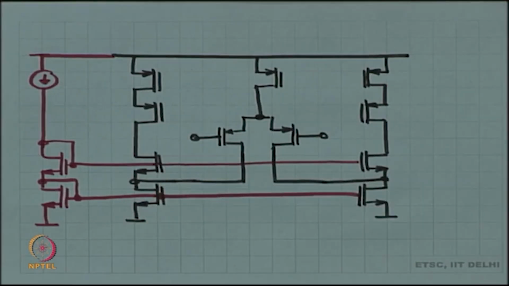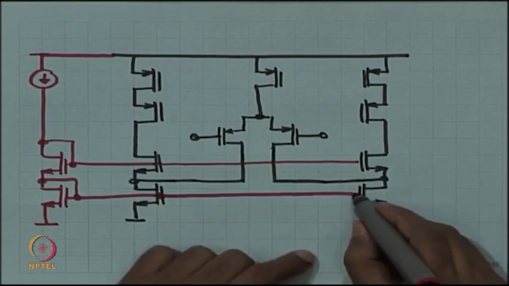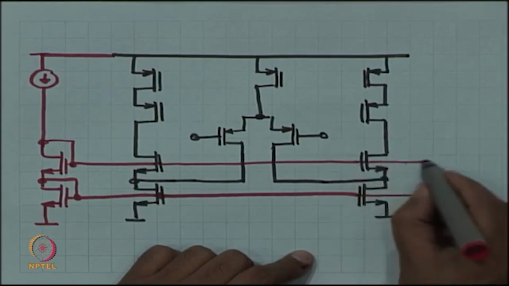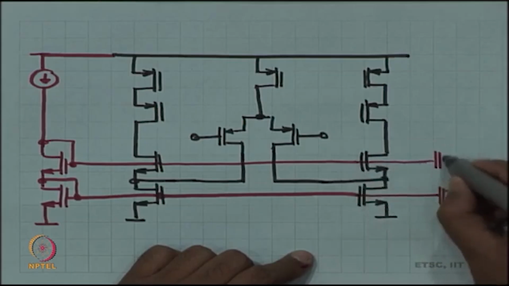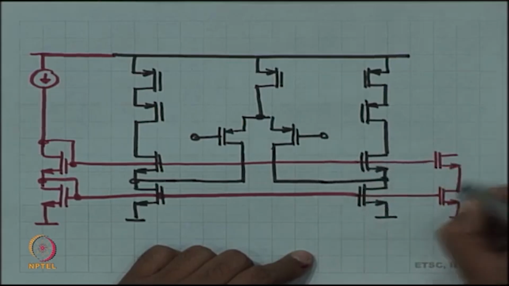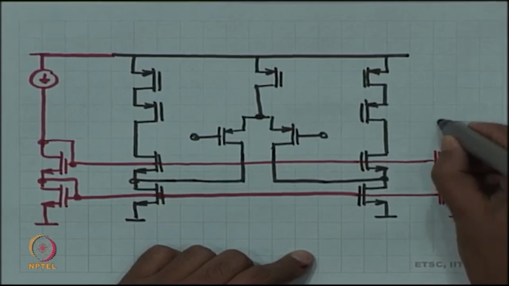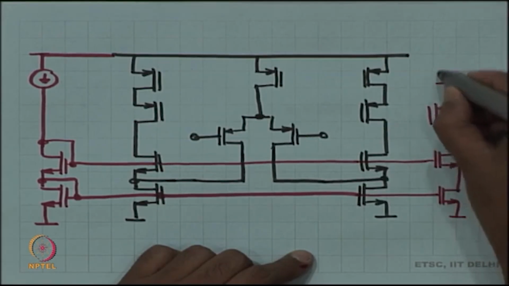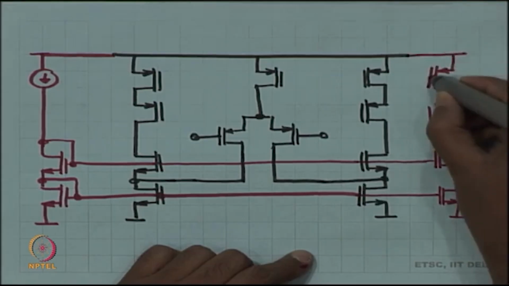Okay. And then we have to work out a PMOS version of this. Once again let us do a Wilson current mirror to create the remaining voltages.